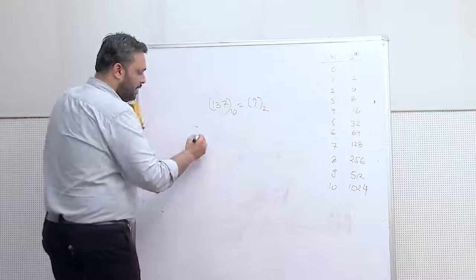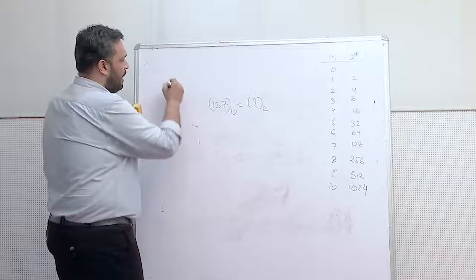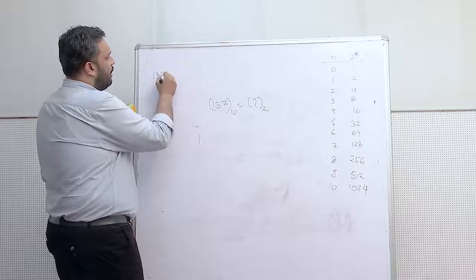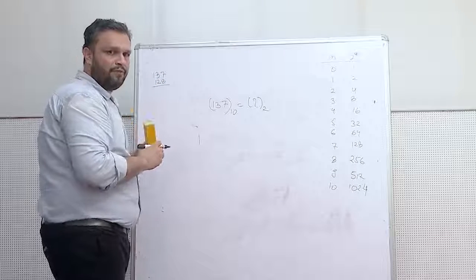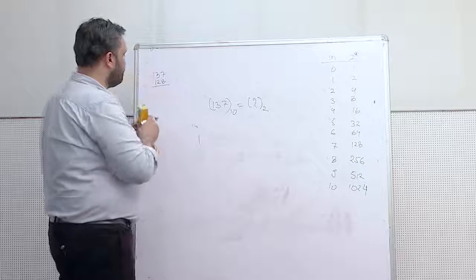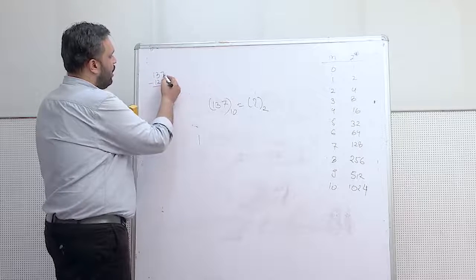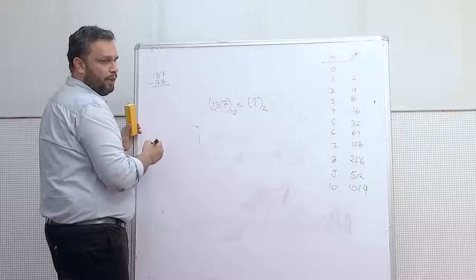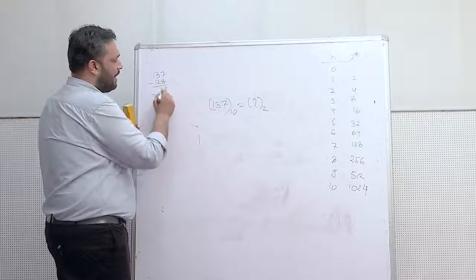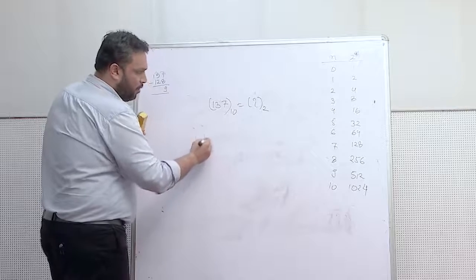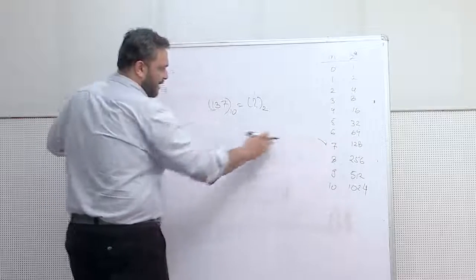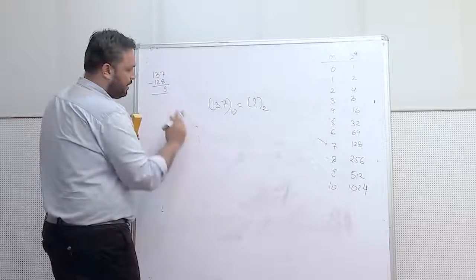So let's mark 1 for that. Now in the rough part, or in the part of your brain where you do some kind of rough calculations, just find out the subtraction of these values. 137 minus 128. The answer is 9. And this is the position 7, because this was the value which you subtracted from 137.